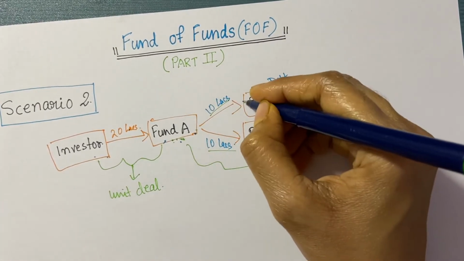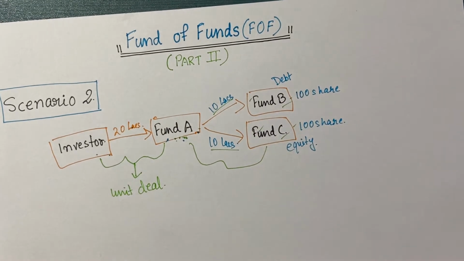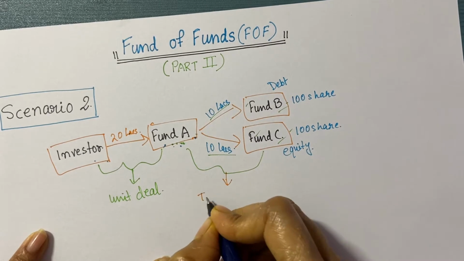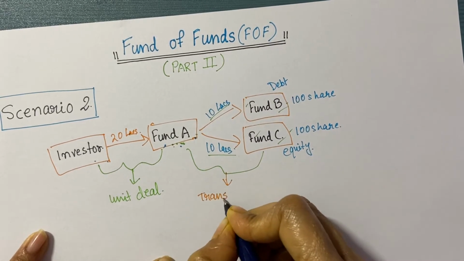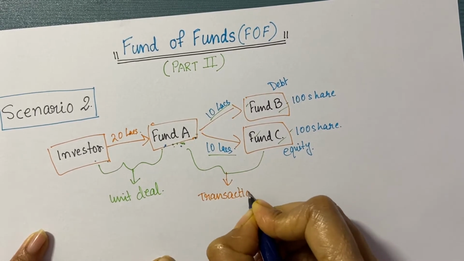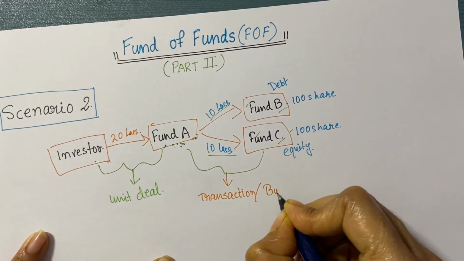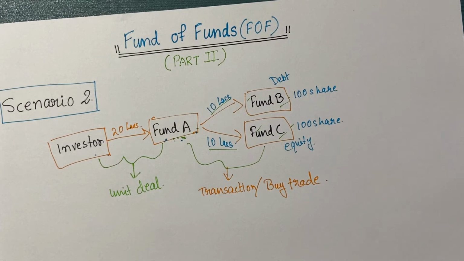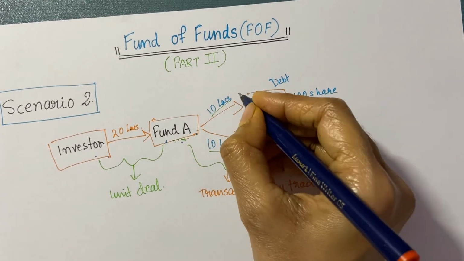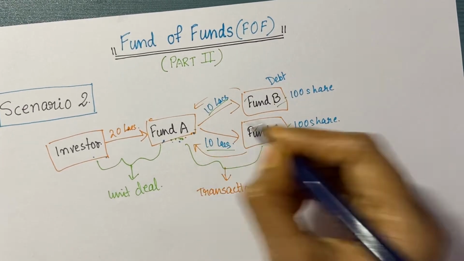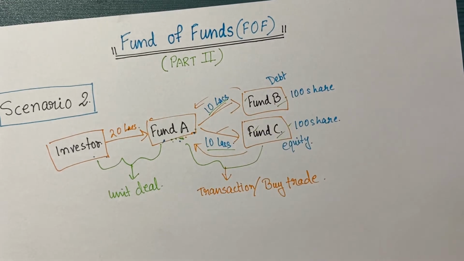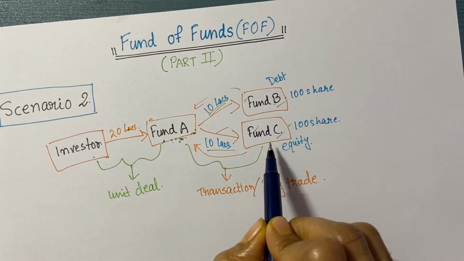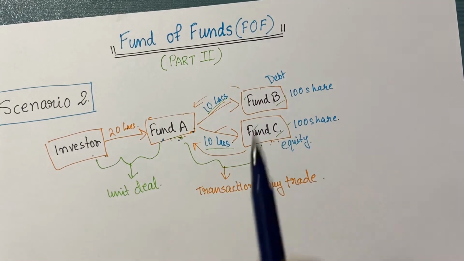So it is going to buy more shares of fund B and fund C. So this is nothing but a buy trade, right? I think you are all with me in this. Fund A is buying shares of fund B and fund C with this 10 lakh rupees. So from a fund A perspective, it is nothing but a buy trade.